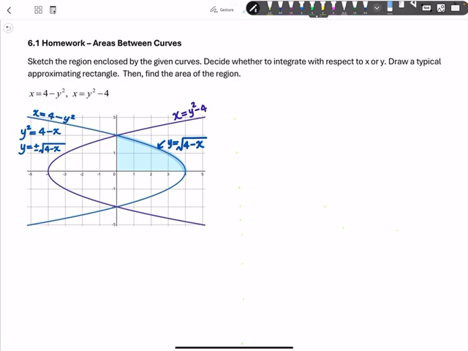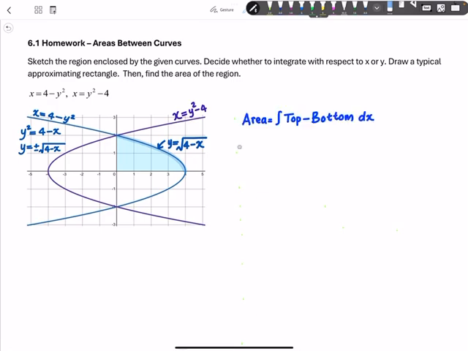So if you are willing to rewrite these equations so that you get y equals square root of 4 minus x, now we have an f of x function. We can integrate this with respect to x as a top minus bottom. So you could have set this up in this way.